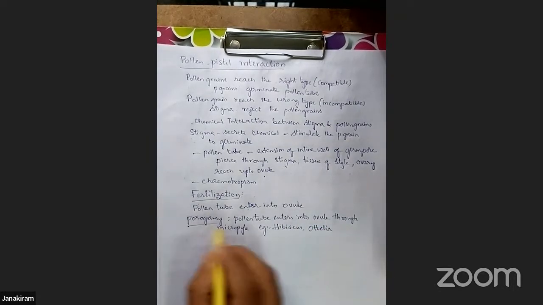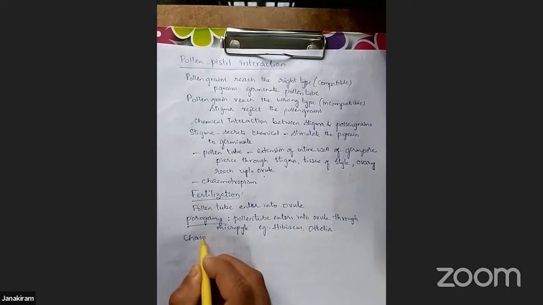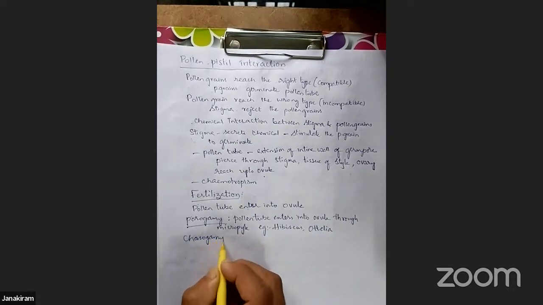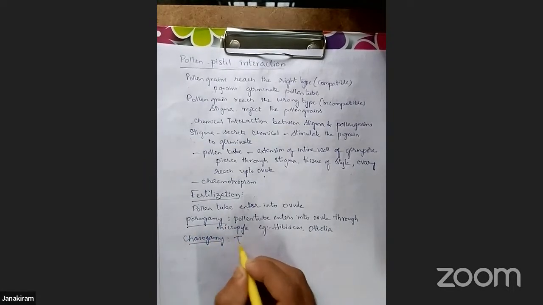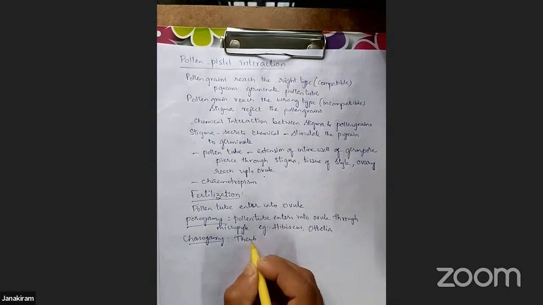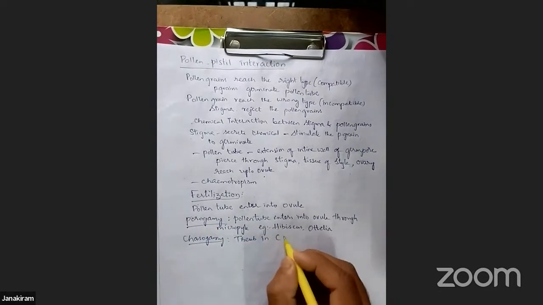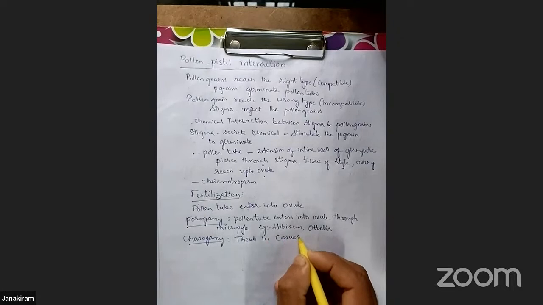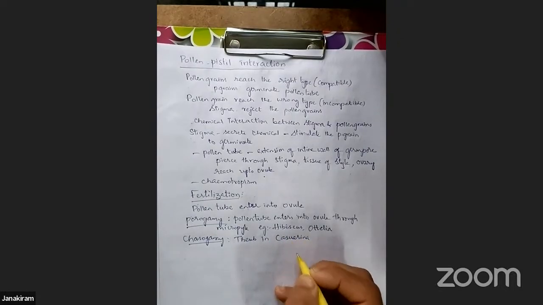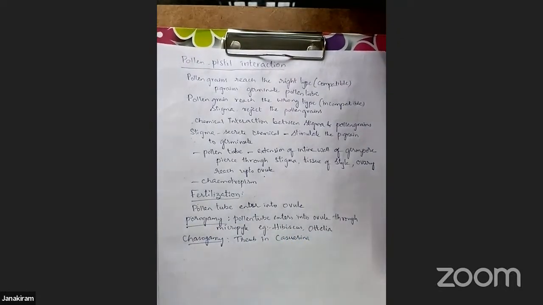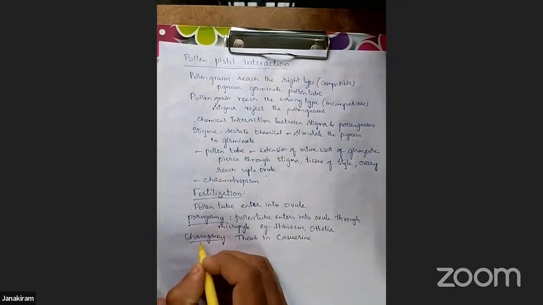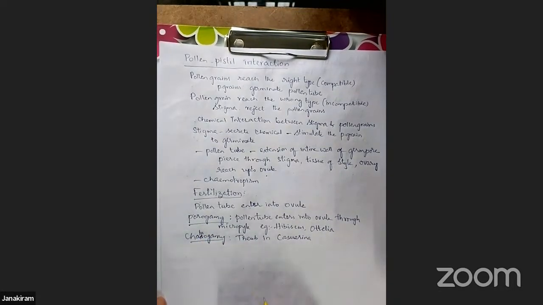And the second one is called chalazogamy. Chalazogamy was discovered by Treub in a plant called Casuarina.